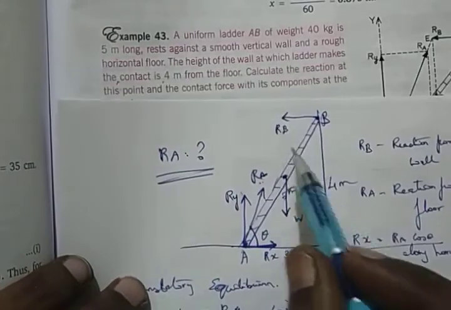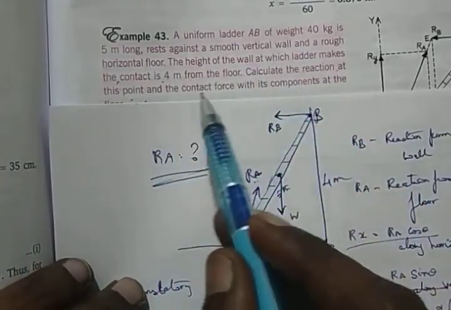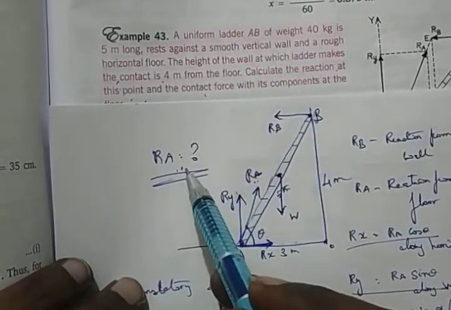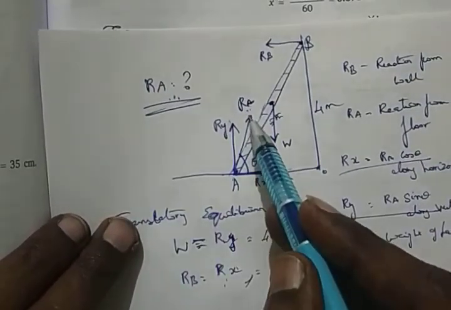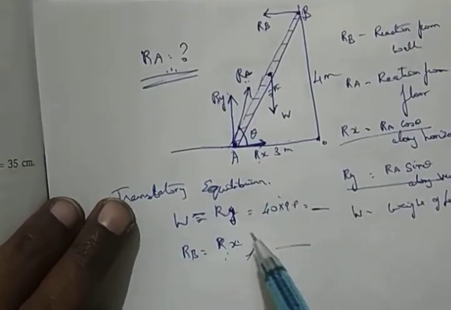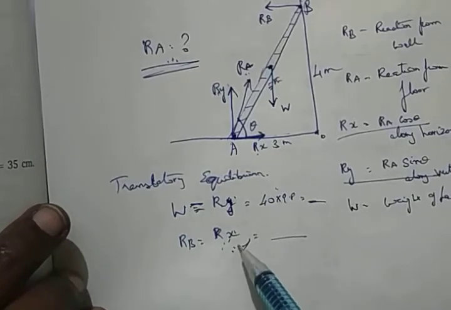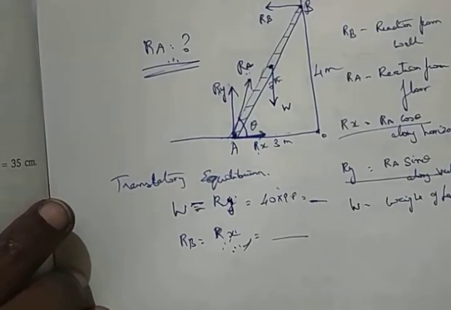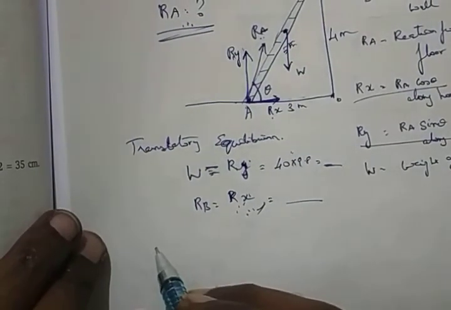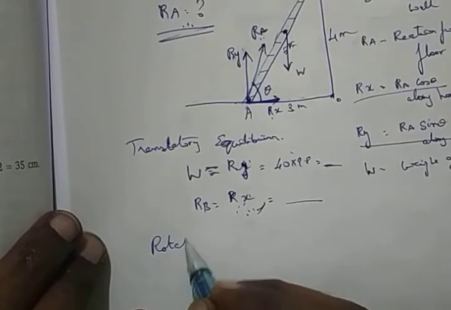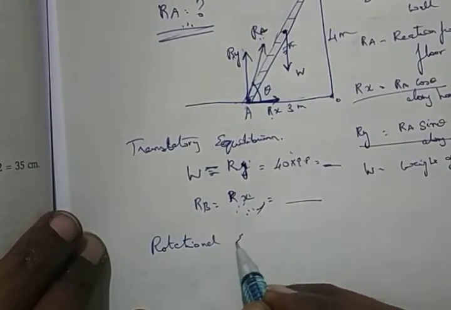That's what the question says. Calculate the reaction at the point of contact. So if you want to find out Ra, you should know Rx and Ry. We don't know Rx now. So we are going to find out using rotational equilibrium.